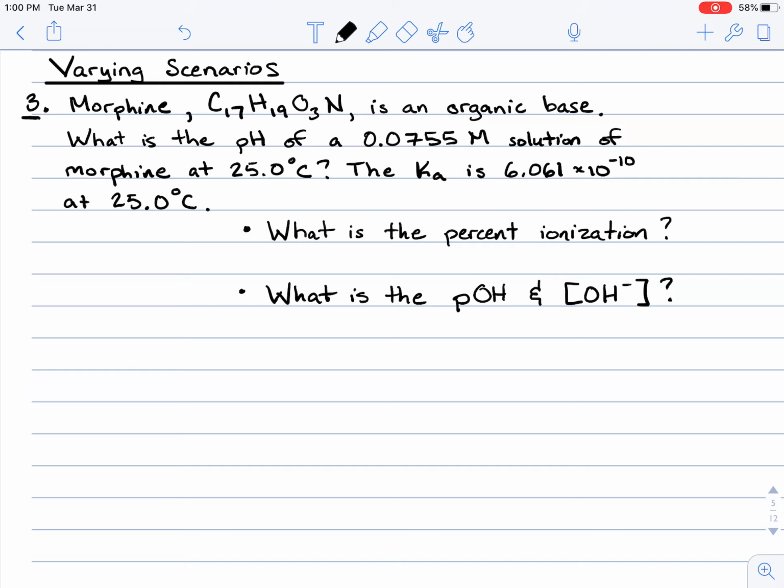All right, so for number 3, we have morphine. So the chemical formula for morphine is C17H19O3N, and it's an organic base. And so once again, we are going to be determining the pH of this solution if this is the concentration of morphine at 25 degrees Celsius.